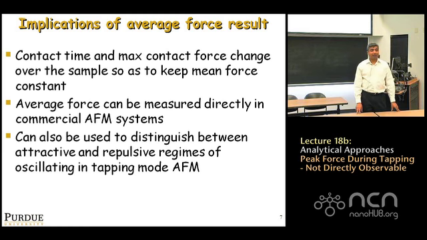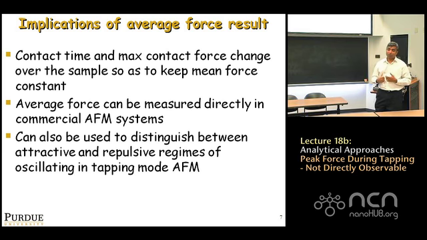Remember, as I said, in tapping mode AFM, what you do not measure is the real tip-sample interaction force, how high the maximum force is, and all that. But this quantity, the average force, is possible to measure, because in an AFM system you can actually measure the average deflection of the cantilever. The average bending deflection of the cantilever times the spring constant gives you the average force.